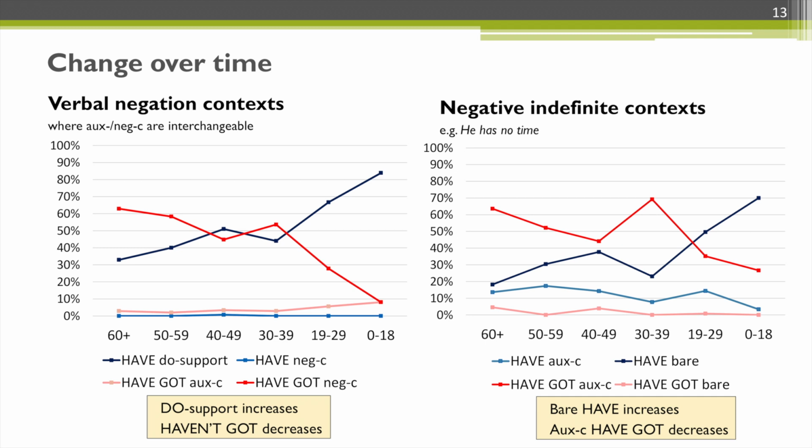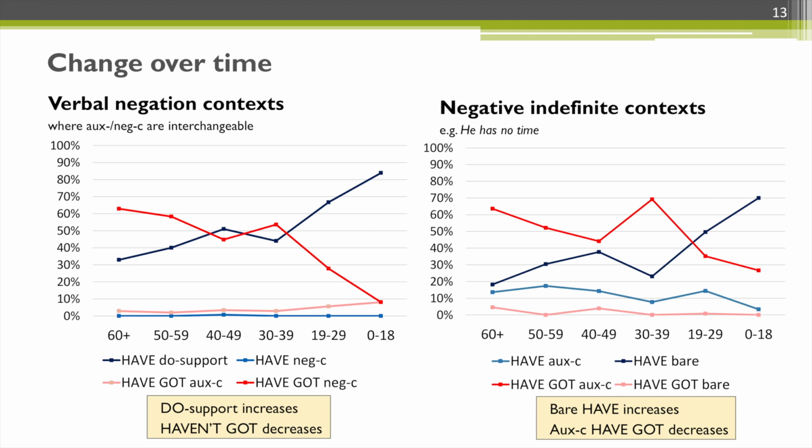In terms of how this has changed over time, what I did was look firstly at the verbal negation context, where auxiliary and negative contraction are both interchangeable. If we look in apparent time, according to the age of the speaker in the British National Corpus, we see that do support is increasing.